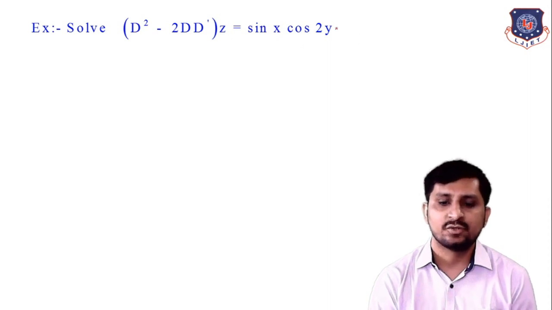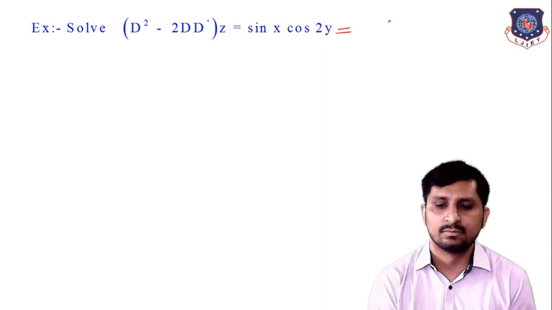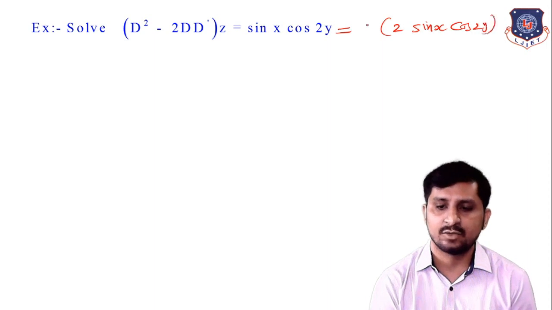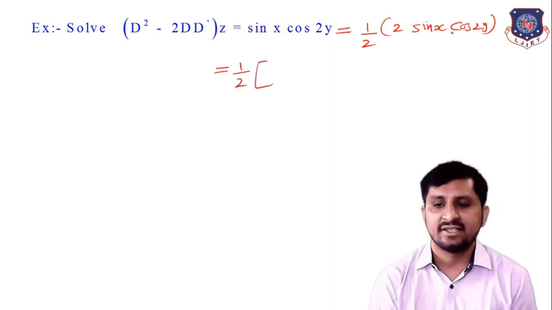So first of all you have to multiply this function by 2, so this is 2 sin x into cos 2y, and divided by 2, so 1 by 2. So I can write this function as 1 by 2 into 2 sin x into cos 2y.